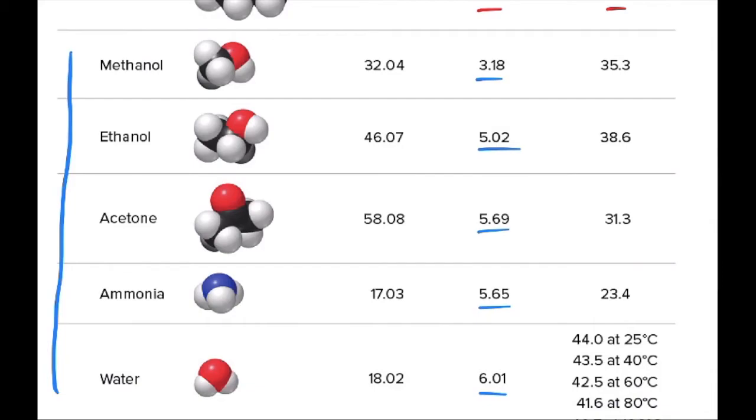And the difference between the delta H of fusion and the delta H of vaporization for all of these is also greater than the difference for the nonpolar compounds. And this has to do with the strengths of the intermolecular forces. So with the polar compounds, it requires more energy to break those polar bonds. So the delta H of vaporization should be higher. It should require more energy to turn that compound from a liquid into a gas compared to a compound that is nonpolar and undergoes only London dispersion forces, which again are a lot weaker than hydrogen bonds or dipole-dipole interactions.